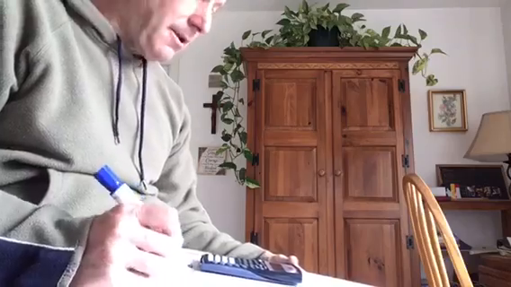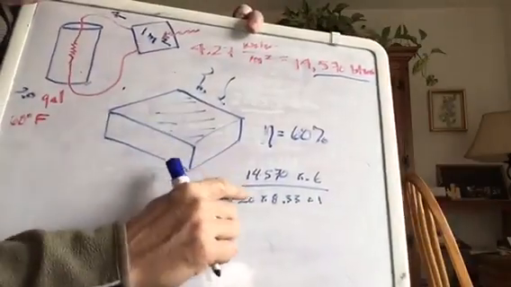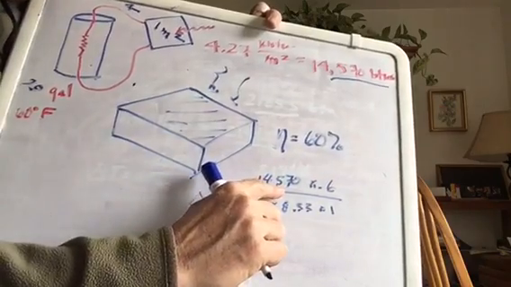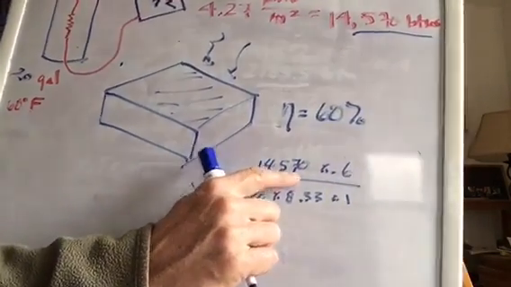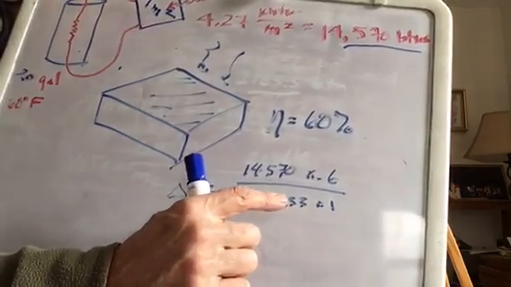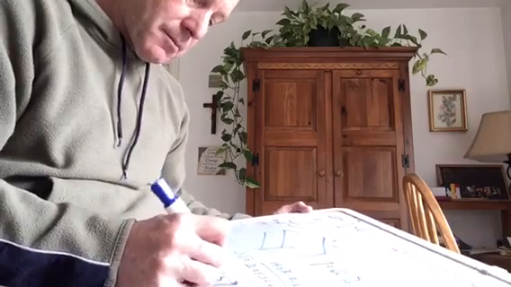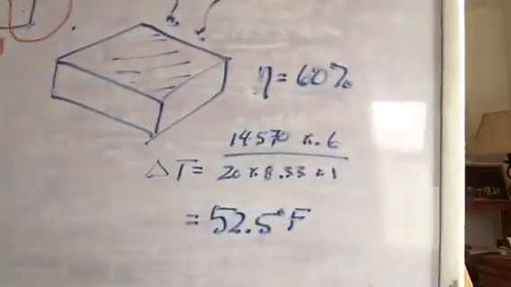Okay, not bad, not great, but not bad. So when I was doing the math, I said the energy that gets into the water is that 14,570 times 0.6, 60% of it, and I divided by the mass and the specific heat, and my calculator gave me a delta T of 52.5 degrees Fahrenheit.